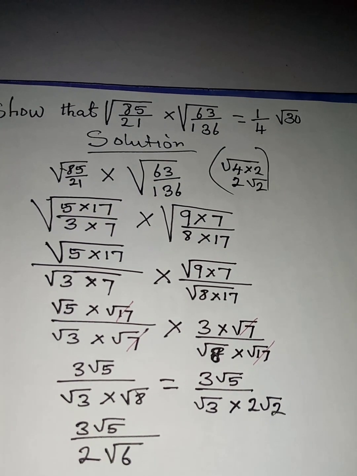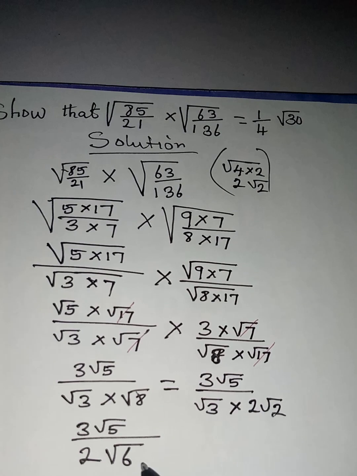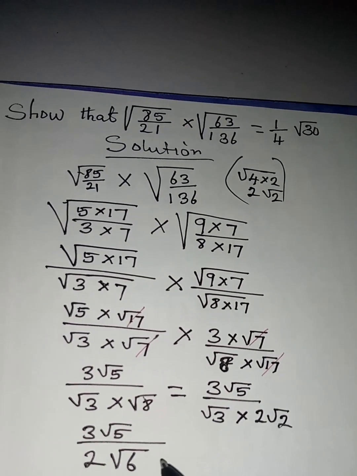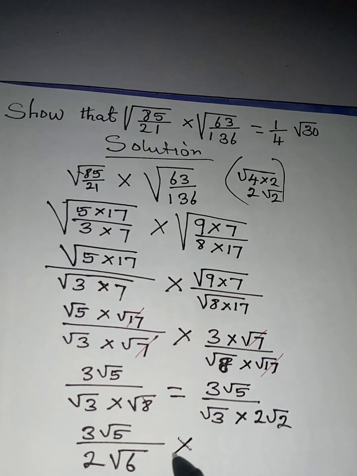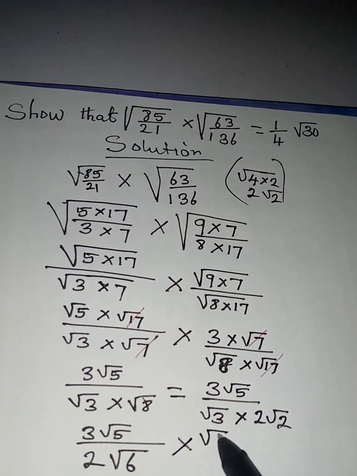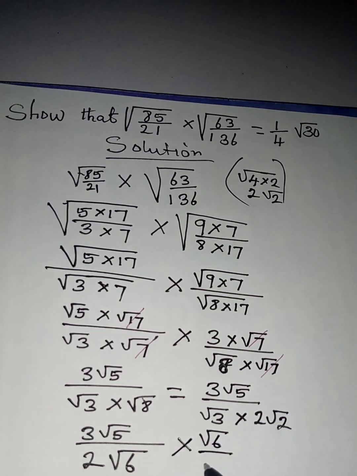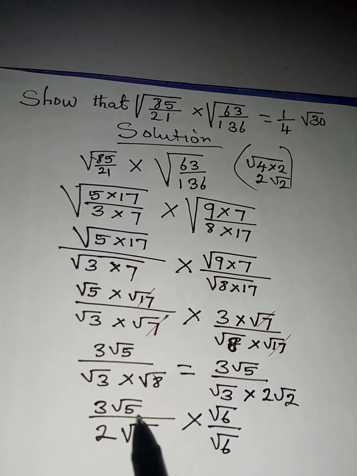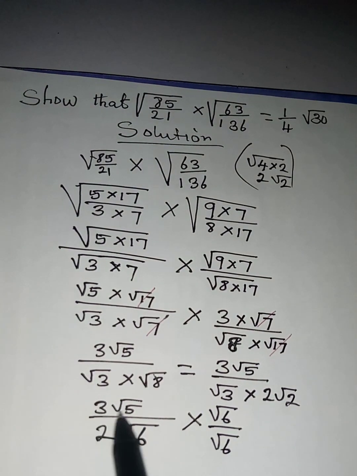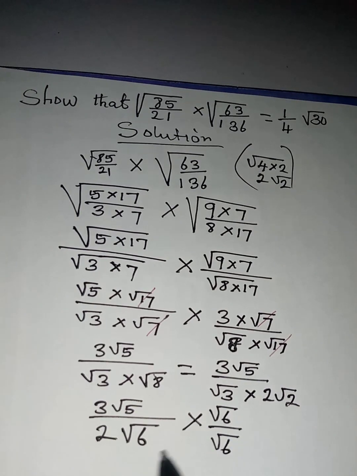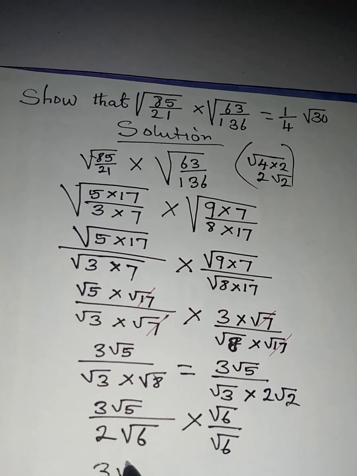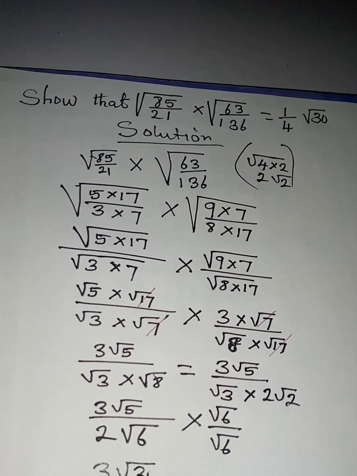And for us to rationalize, we have to multiply everything by root 6. Multiply this by root 6, then this again by root 6. So that from here, 3 root 5 times root 6 will give us 3 root 30.